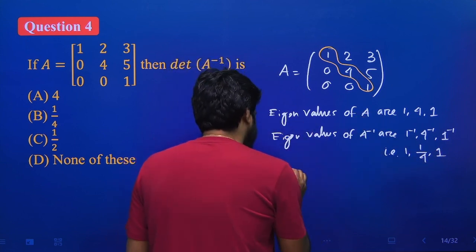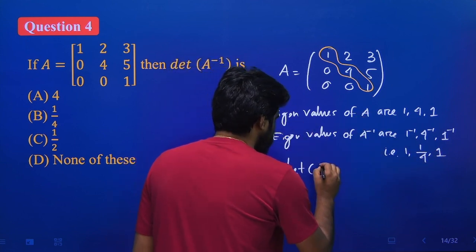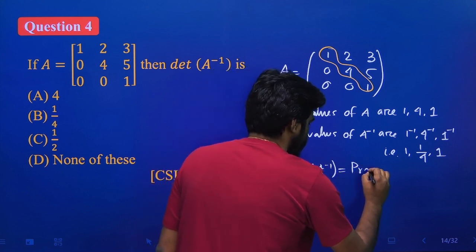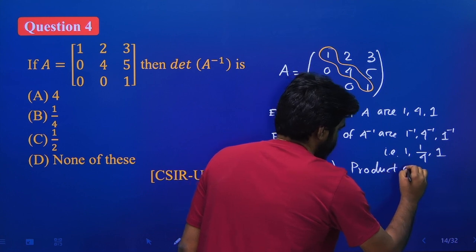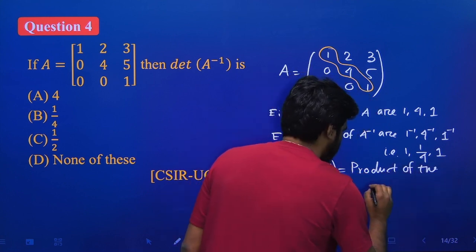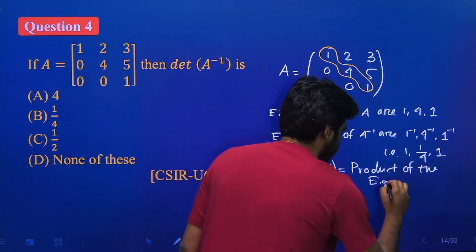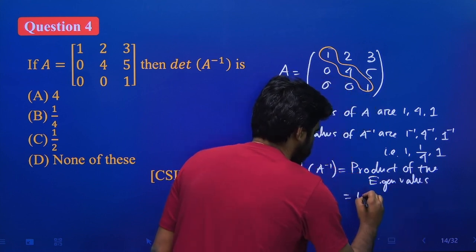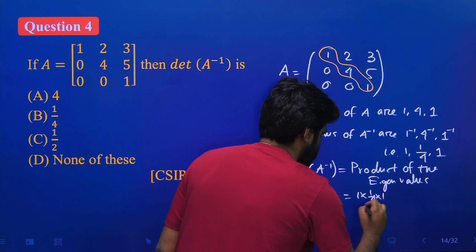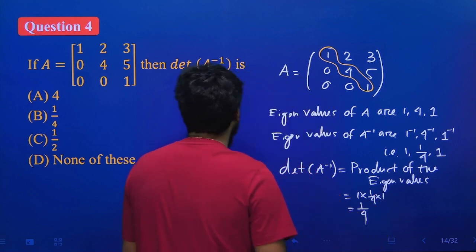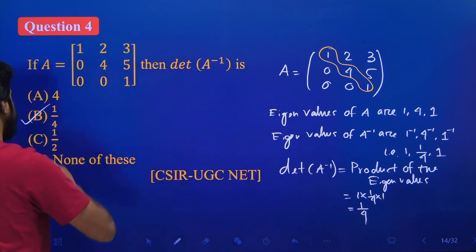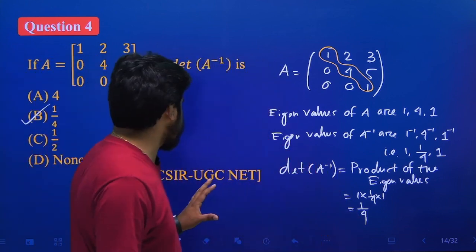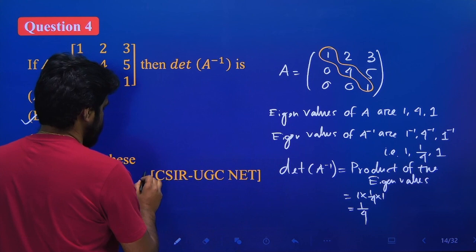The determinant of A inverse is the product of the eigenvalues, that is 1 into 1 by 4 into 1, that means 1 by 4. So option D is the correct answer. Very easy. This question was asked in CSIR NET.